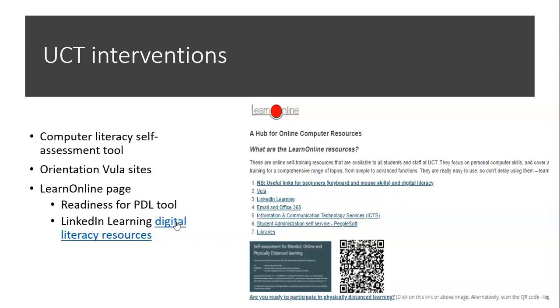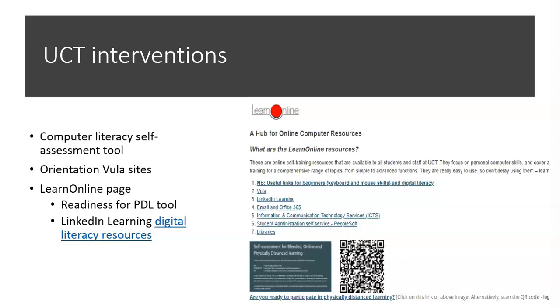There's also this resource, digital literacy resources, that have been recommended and put together. You'll find that in the ICTS site. And then there are also other resources that are on Vula, LinkedIn Learning, Office, and so on.